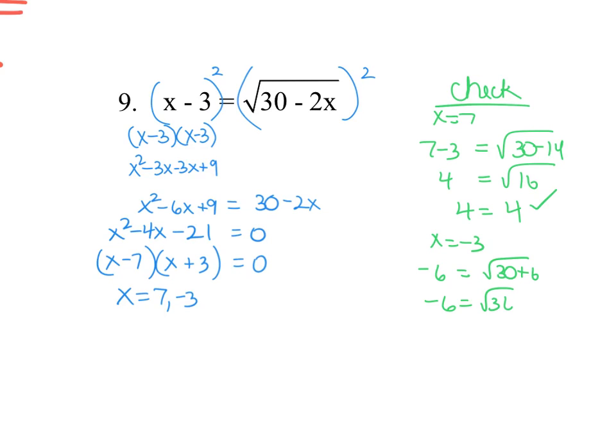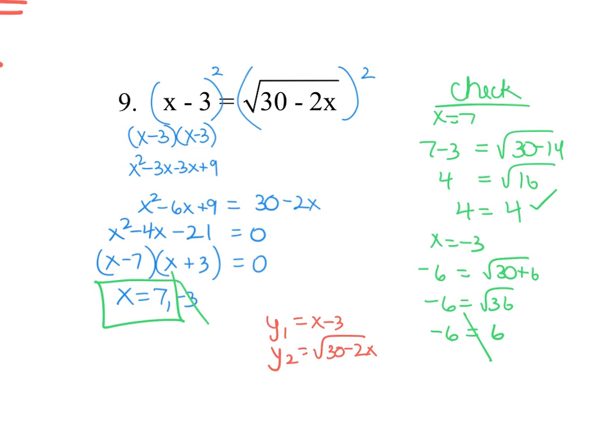Does -6 equal the square root of 36? The answer is no. Your only answer is 7. Okay? Another way you could check it is you could say your left side of the equation is your y1. Your right side of your equation is your y2. Graph it. See, do they cross at 7?